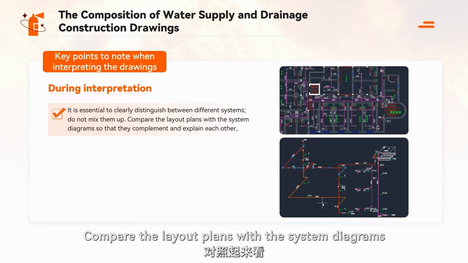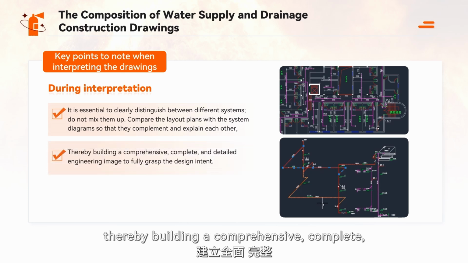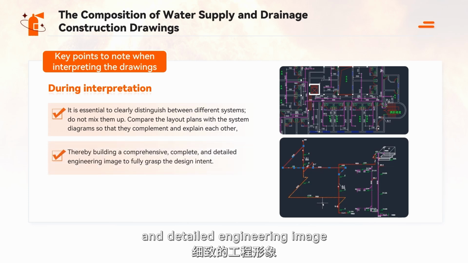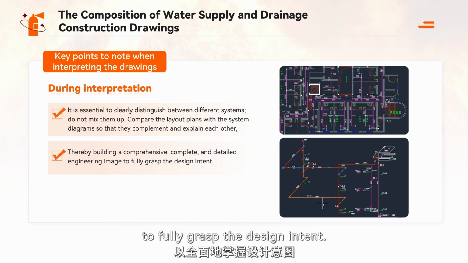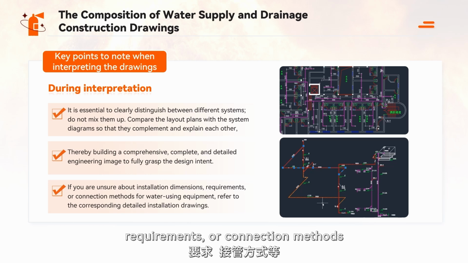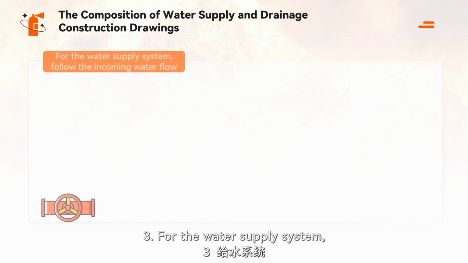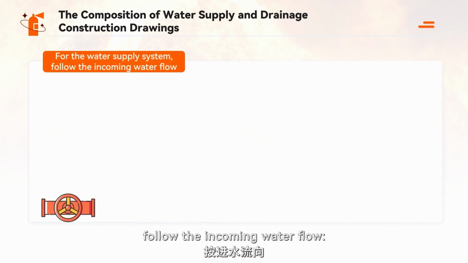Compare the layout plans with the system diagrams so that they complement and explain each other, thereby building a comprehensive, complete, and detailed engineering image to fully grasp the design intent. If you are unsure about installation dimensions, requirements, or connection methods for water-using equipment, refer to the corresponding detailed installation drawings.